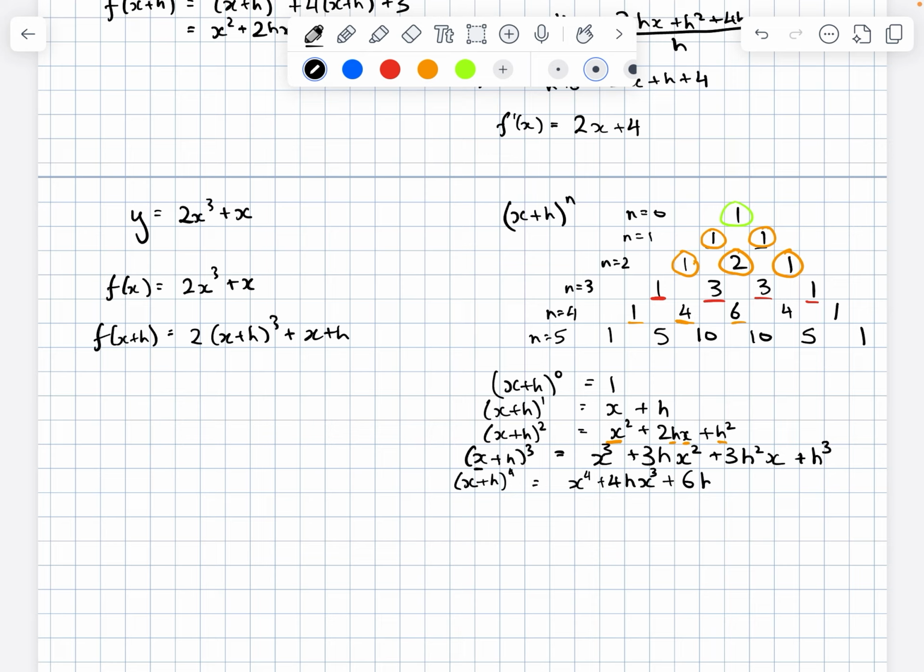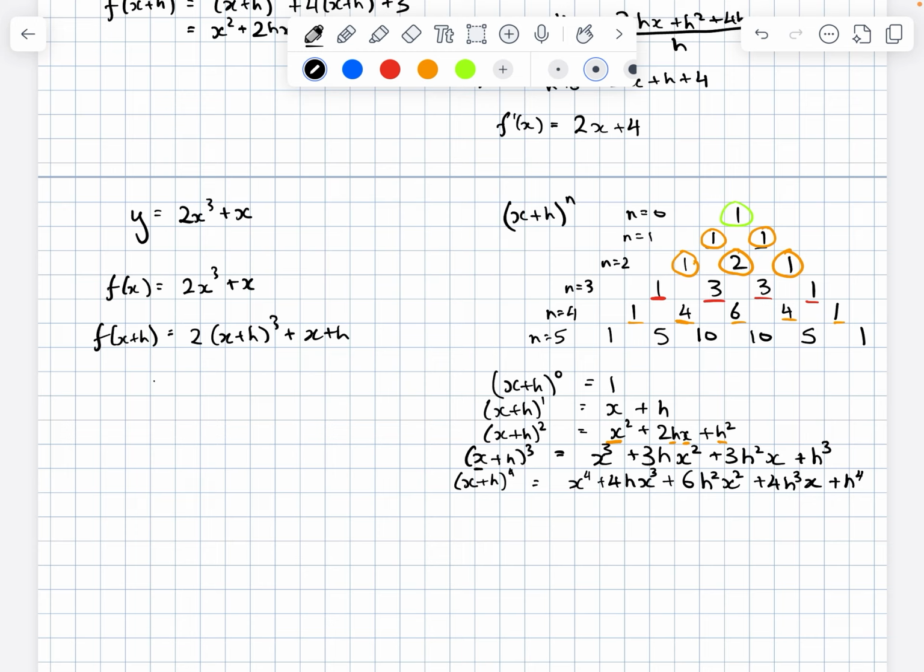Increase the power of h by 1 and reduce the power of x by 1, plus 4. Increase the power of h by 1 more and reduce the power of x by 1, plus 1 times. Increase the power of h by 1 to get 4 and reduce the power of x by 1 to get 0.